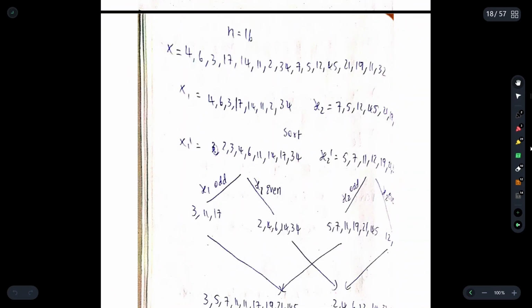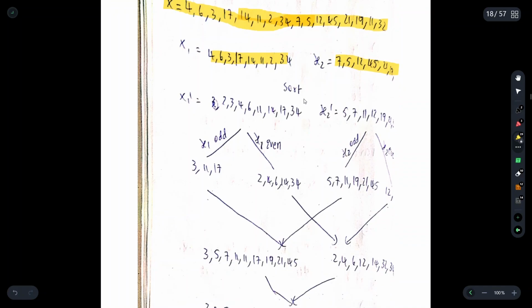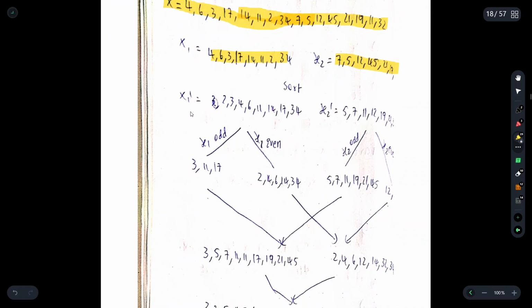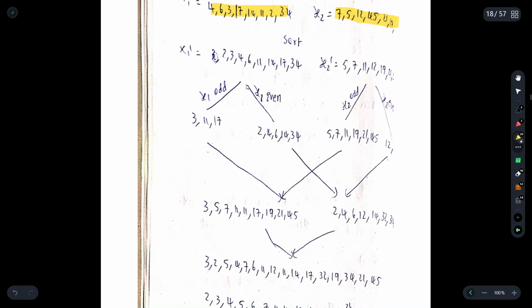In the exam they will give something like this: a set of values, and according to the number of elements we need to divide them into two groups and sort them accordingly. So x1 dash and x2 dash are the sorted lists of both groups. Then again we divide them into x1 odd and x1 even, x2 odd and x2 even.